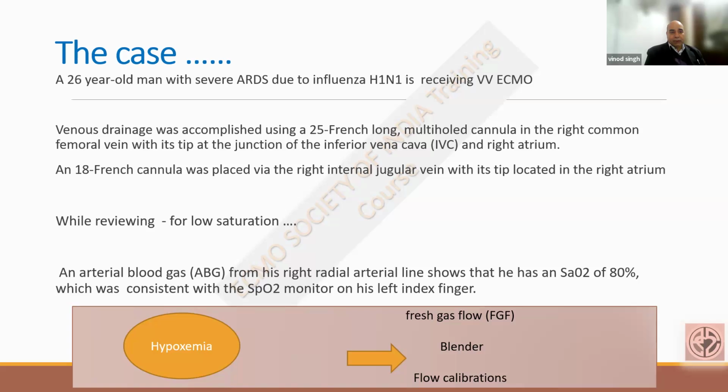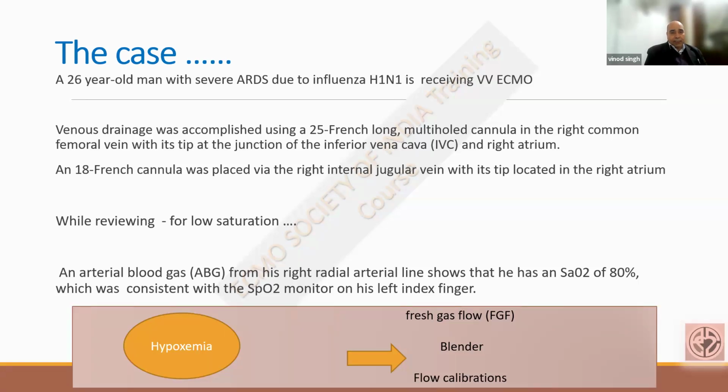An 18 French cannula was placed via the right internal jugular vein, with its tip located in the right atrium. While you review the patient, you find that the oxygen saturation has gone down from previously. The saturation is 80% on the ABG, which is consistent with the SpO2 monitor on the left index finger.